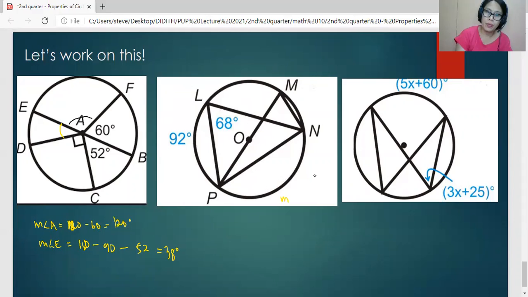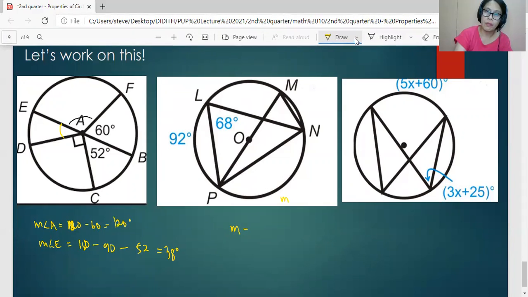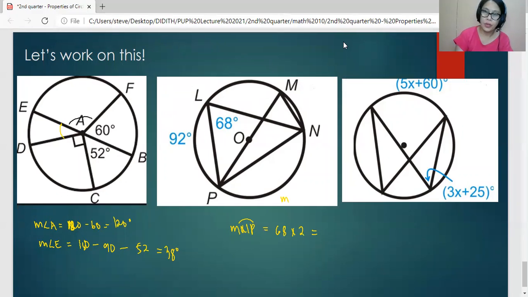So measure of arc NP is equal to 68 times 2. So we have 136 degrees. Okay? So this one is 136 degrees.